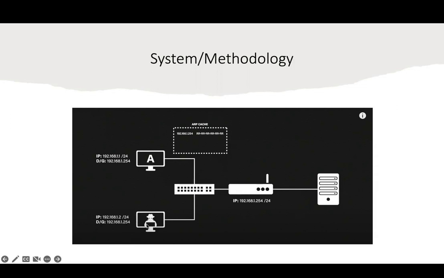So the attacker wants to be in the middle of the interaction. Because the attacker is in the middle, the attacker spies on the interaction between user A and the web server through the router. Before, the MAC address is RRRRR, which is the MAC address of this router.